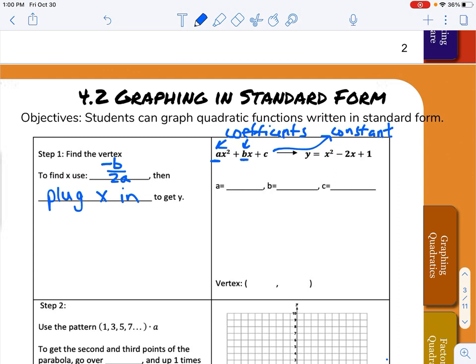The coefficient b is always in front of the x term, and the constant c is the constant term. So in this example problem that we are going to graph, the coefficient a is 1. The coefficient b is negative 2, and the constant c is 1.